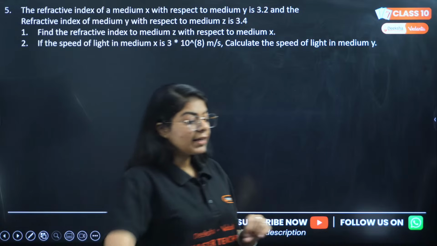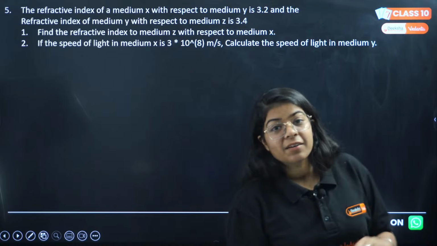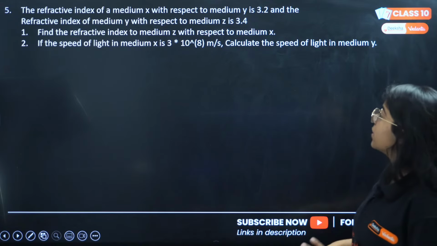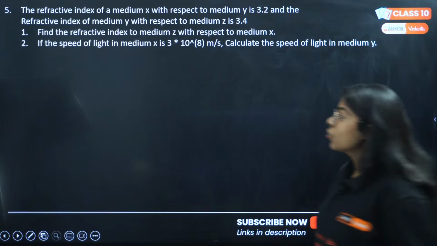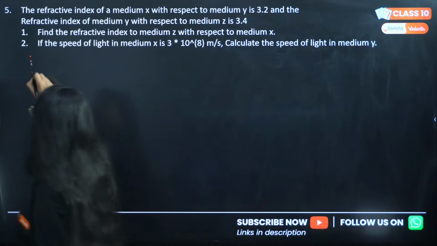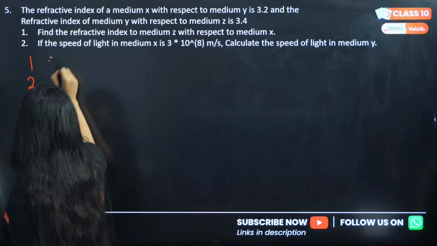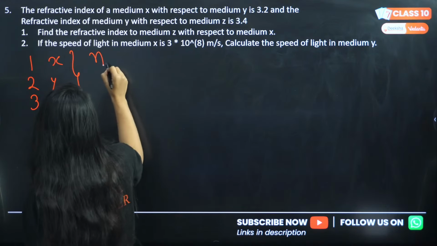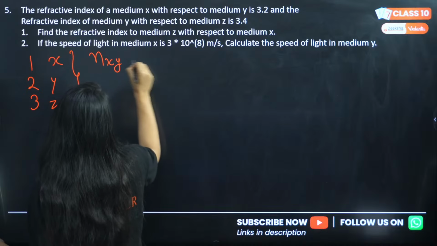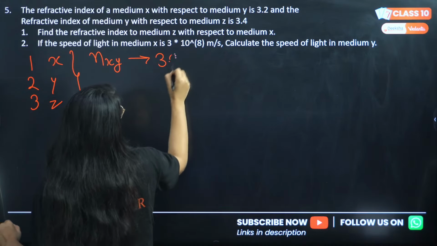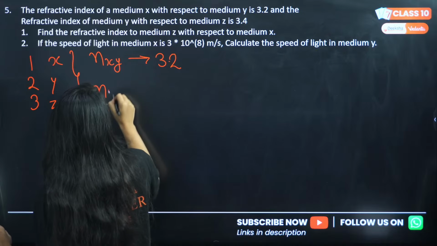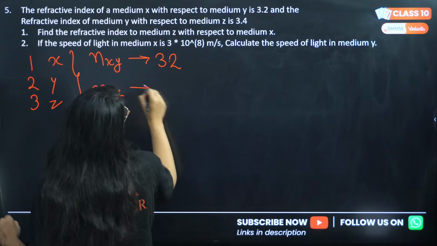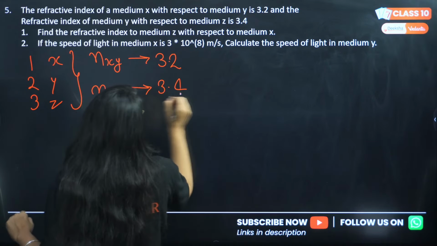The refractive index of medium Y with respect to medium Z is 3.4. So we are given 3 mediums, 1, 2 and 3, X, Y and Z. The refractive index of X with respect to Y is given as 3.2. The refractive index of Y with respect to Z is given as 3.4.